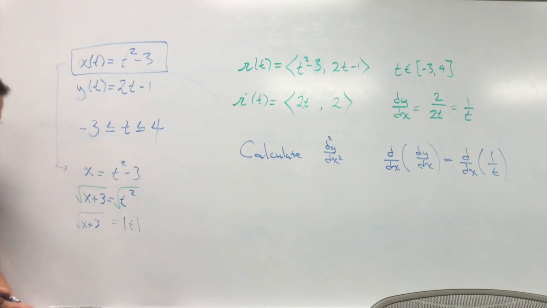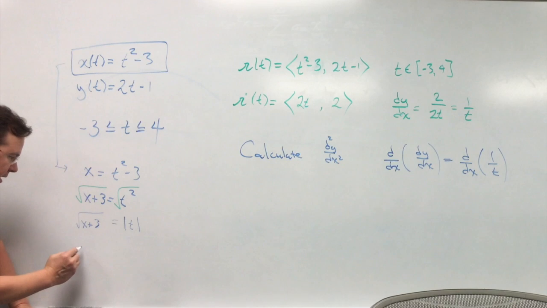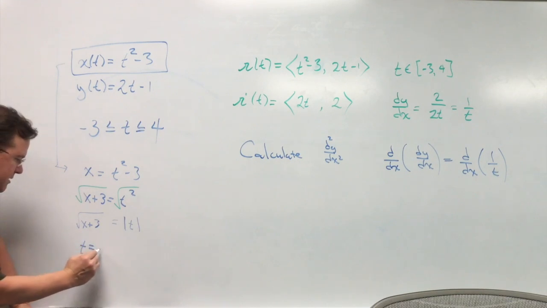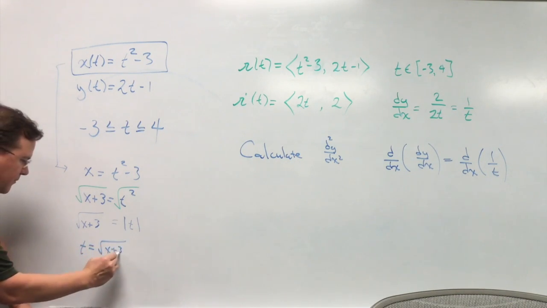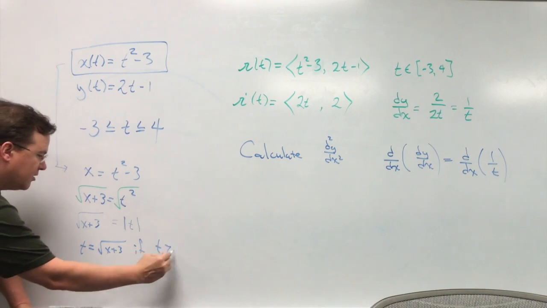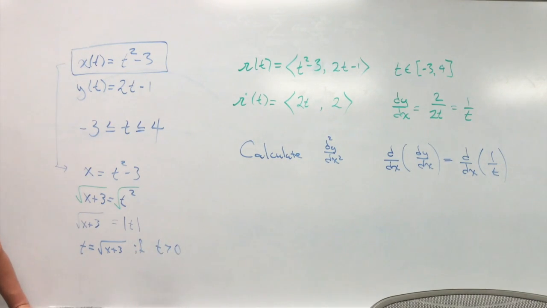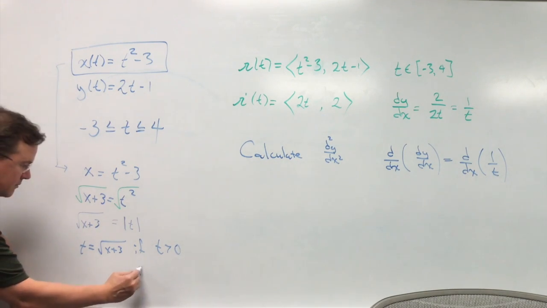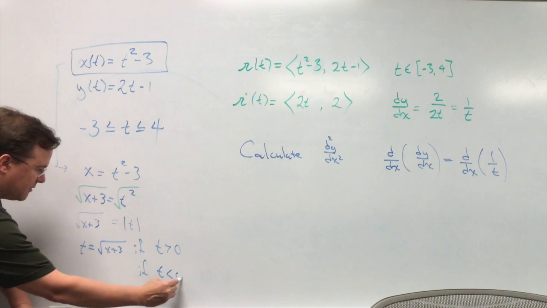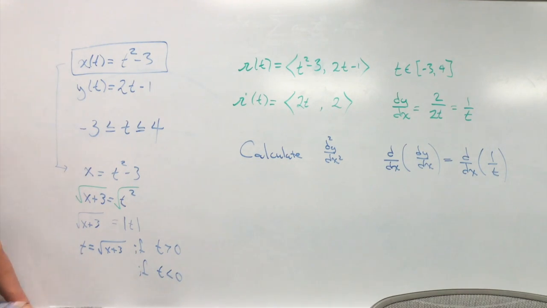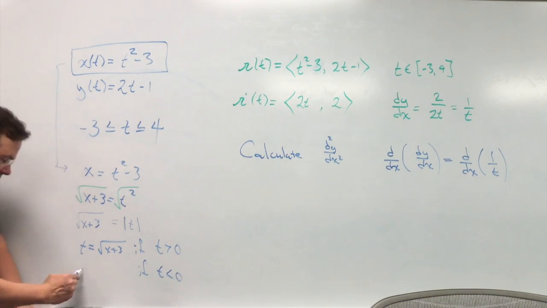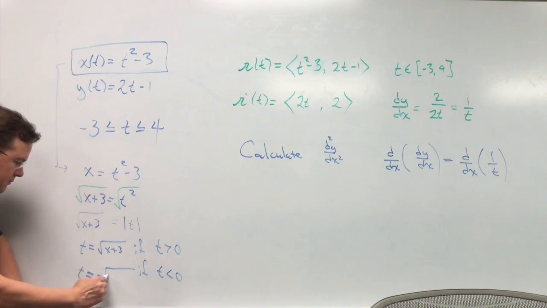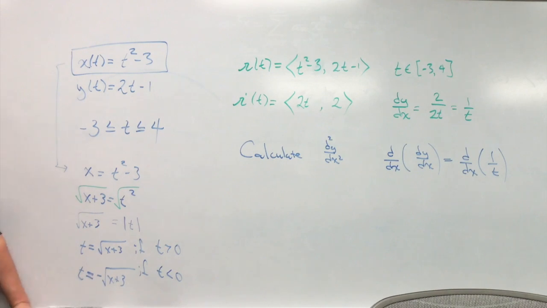In other words, if I expand this a little, t is the square root of x plus 3 if I know that t is greater than 0. But if t is less than 0, the absolute value is going to become a negative t. So I'd be using this formula instead. Almost looks the same, but it is a different formula.